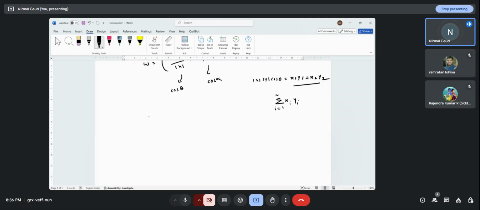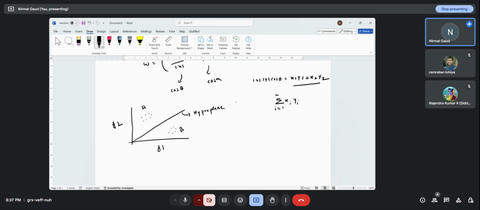Okay, so I told you yesterday also, if you have two features f1 and f2, and two classes, this is class A, this is class B, then you can separate them with a line. This is called a hyperplane.